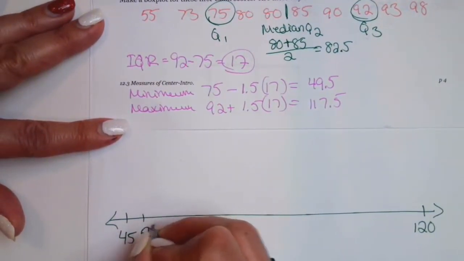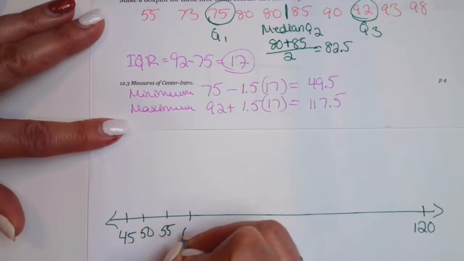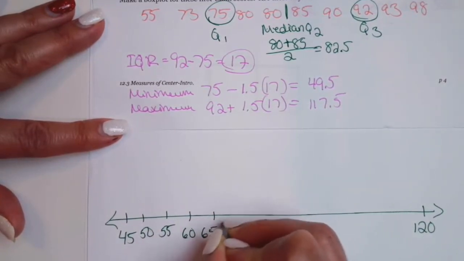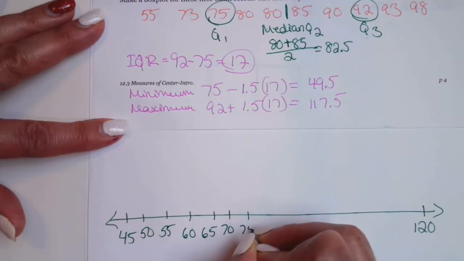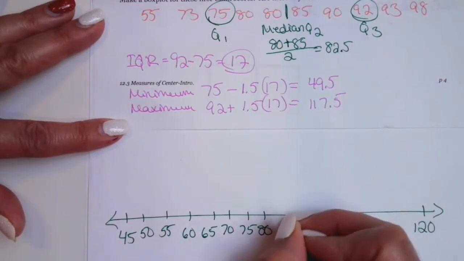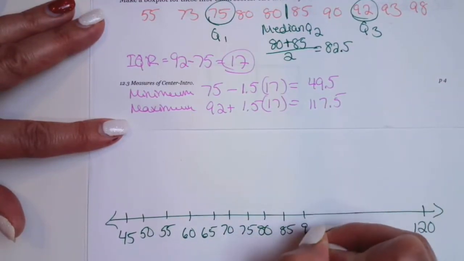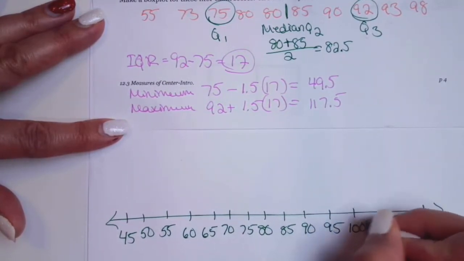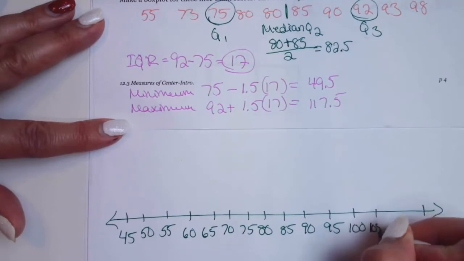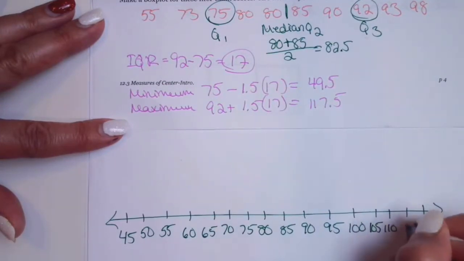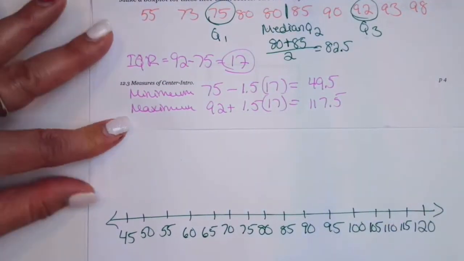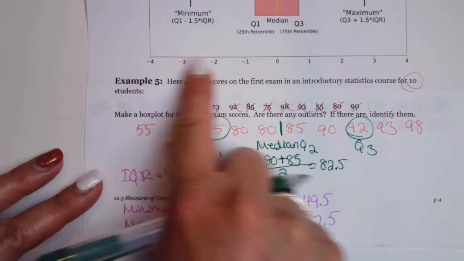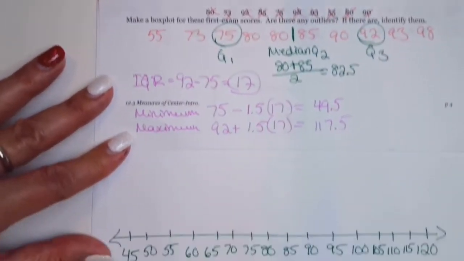So 45, 50, 55, 60, 65, 70, 75, 80, 85, 90, 95, 100, 105, 110, and 115. So this here is our number line.